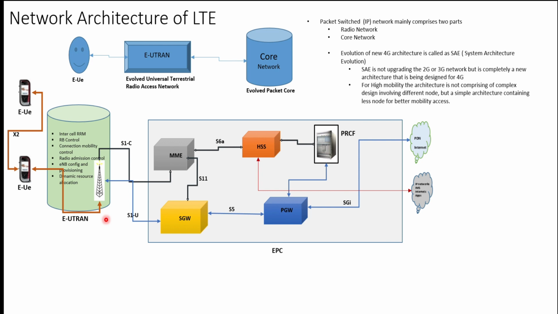That is your dynamic resource allocation. Here, the black dotted line is the control plane, and the blue lines are the user plane. So another concept comes in: the control plane and the user plane. What these planes are in detail we will see in our upcoming videos. For now, just remember that the blue lines are the user plane and the black lines are the control plane.